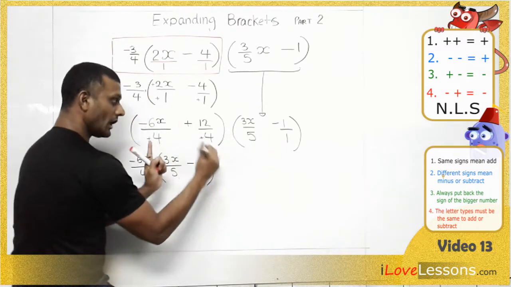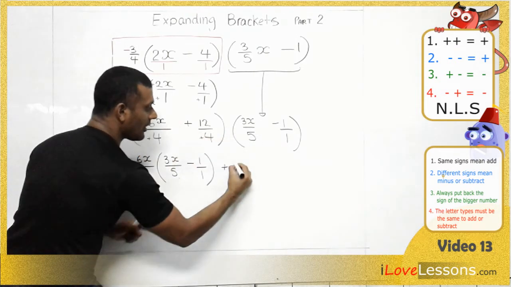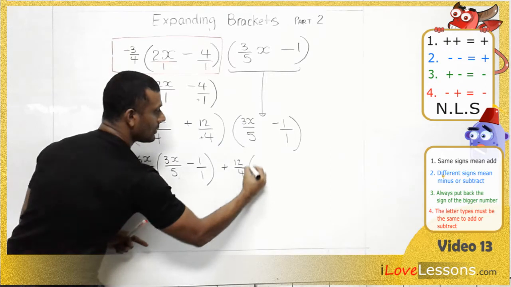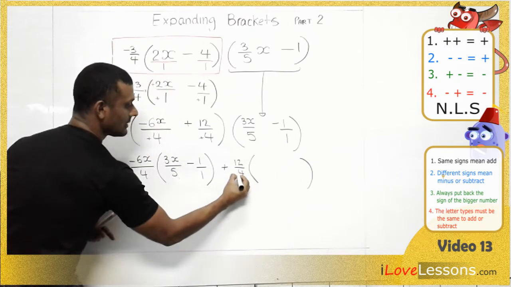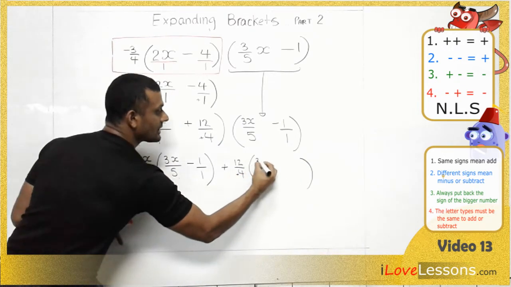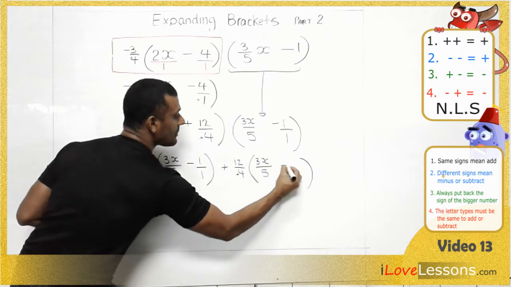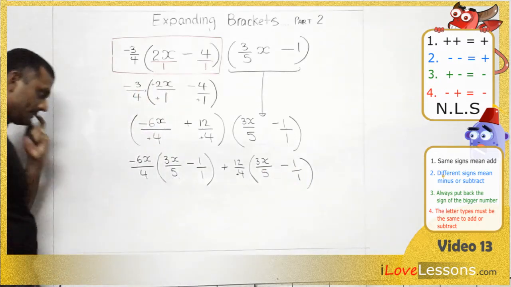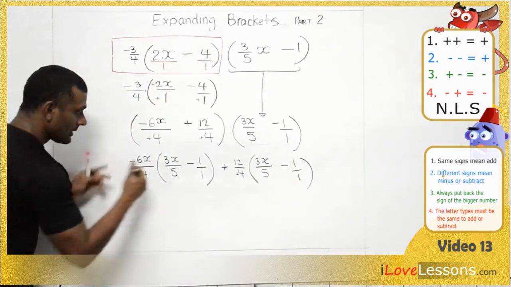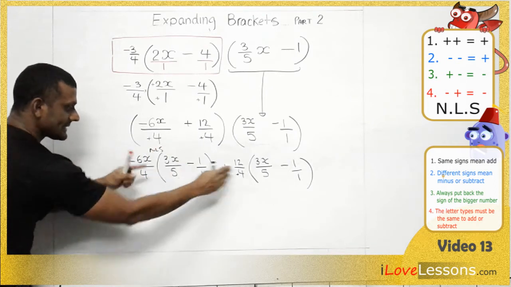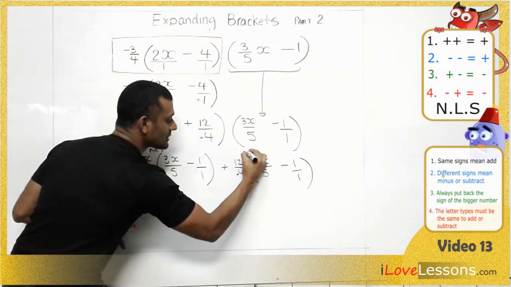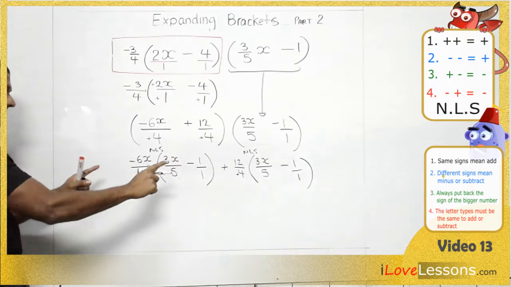This by this. Now, 12 on 4 will get multiplied by 3x on 5 minus 1 on 1. So, we can use the M, the L, and the S here for this brackets. And we can use back the M, the L, and S for that brackets.